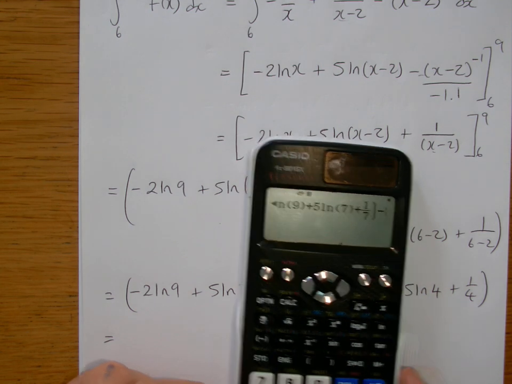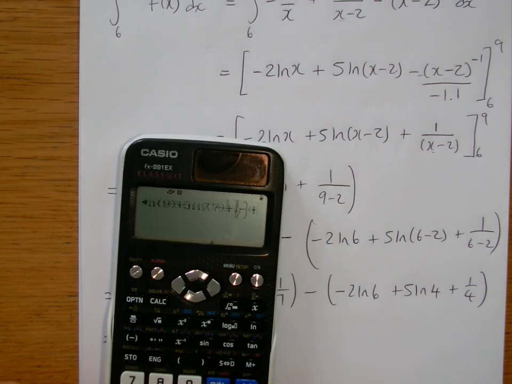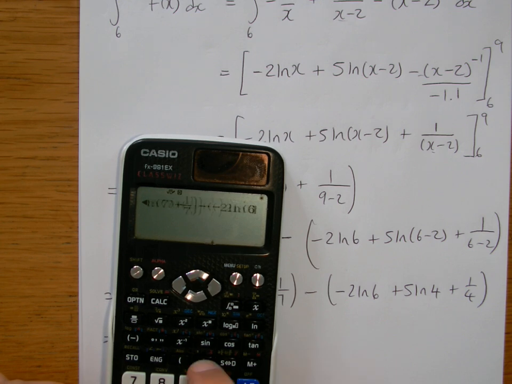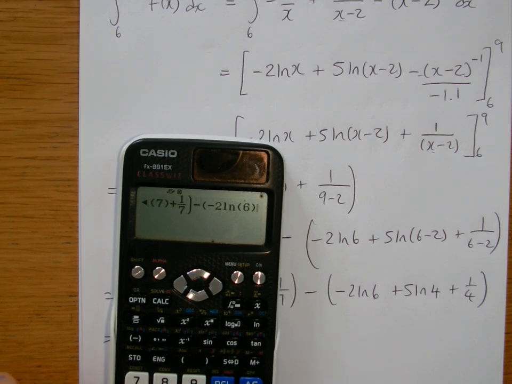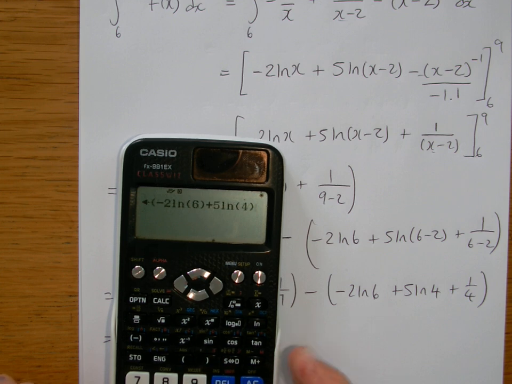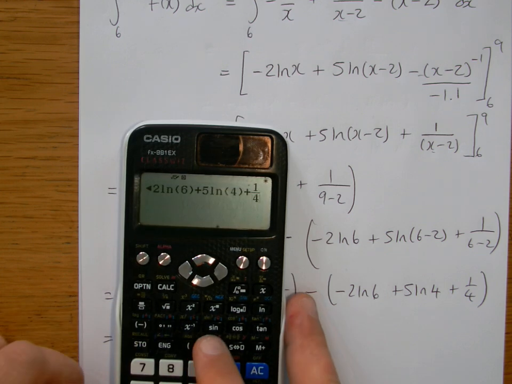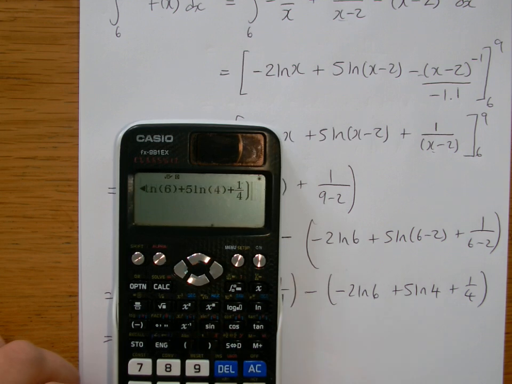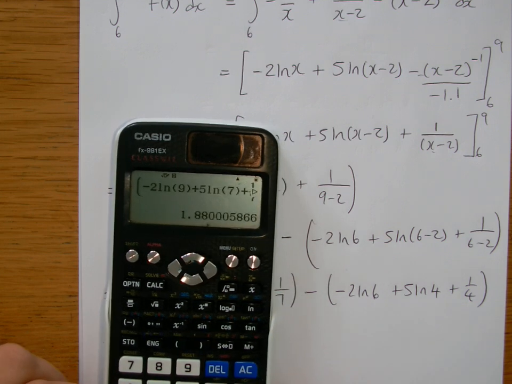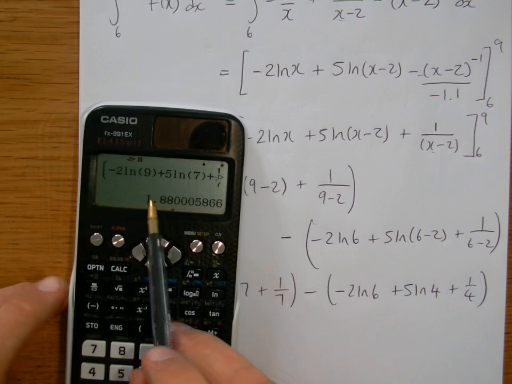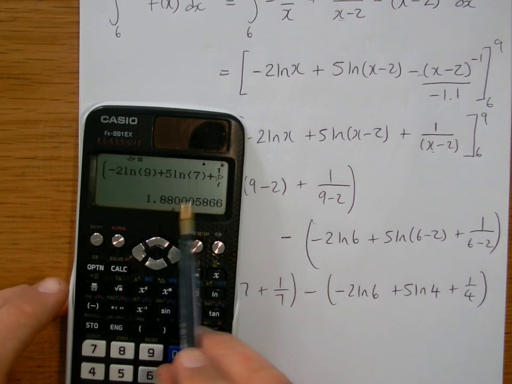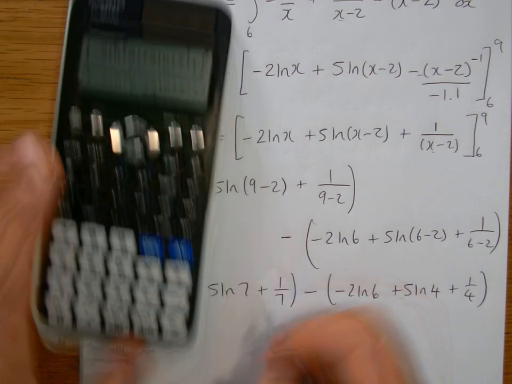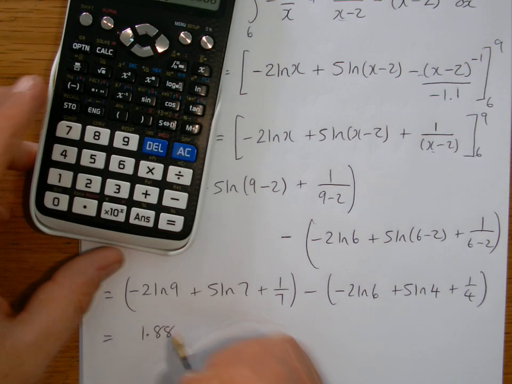Then take away minus 2 ln 6 plus 5 ln 4, and then plus 1/4. We close the bracket there, and we get our answer. They wanted 2 decimal places, and it's quite nice, because it's 1.88 followed by lots of zeros. So 2 decimal places will be 1.88. So there's my answer.